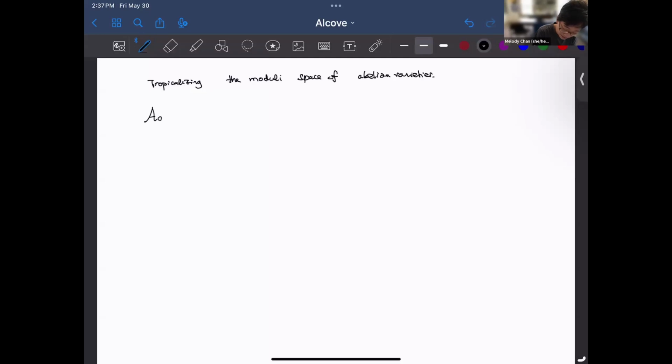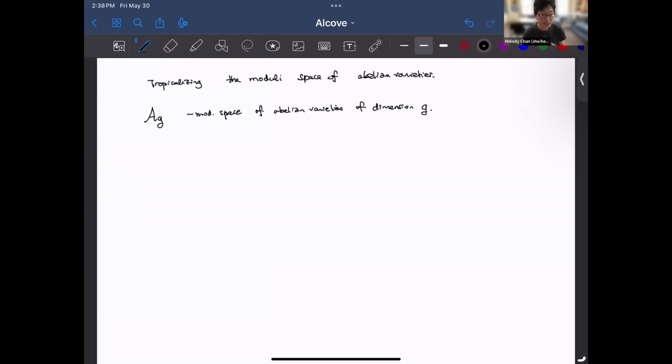The classical moduli space of abelian varieties, A_g, denotes the moduli space, so a parameter space for isomorphism classes of abelian varieties of dimension g. For experts, I will totally omit the issue of polarization. So just as a parameter space, the points correspond to isomorphism classes of abelian varieties of dimension g.